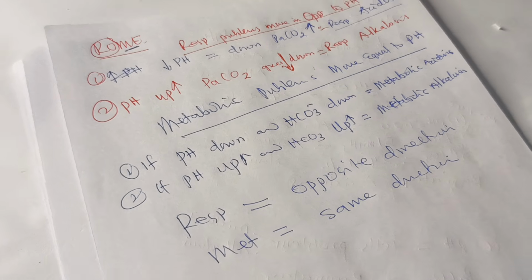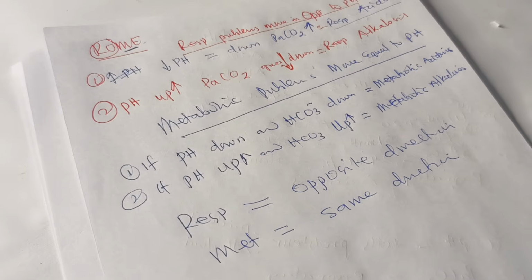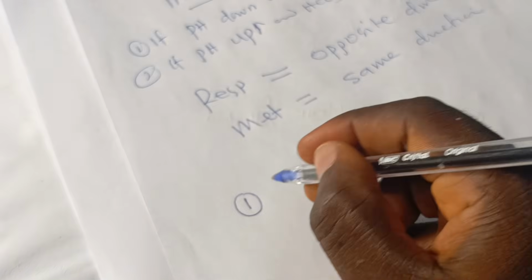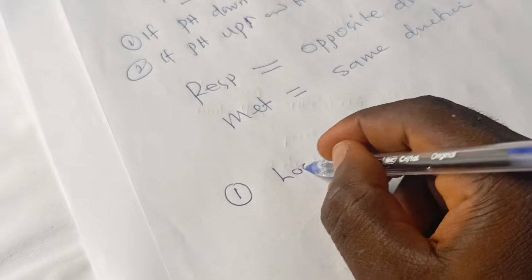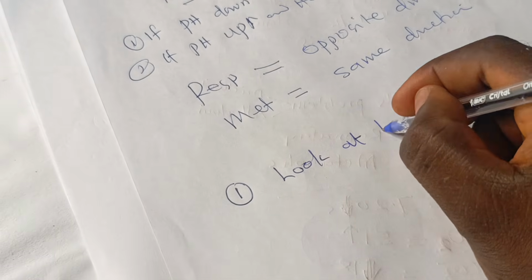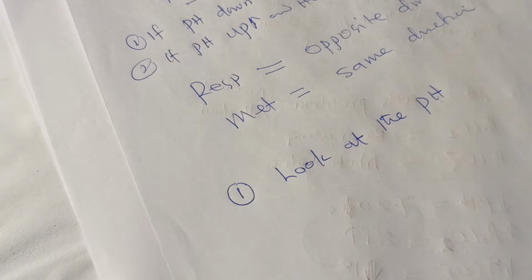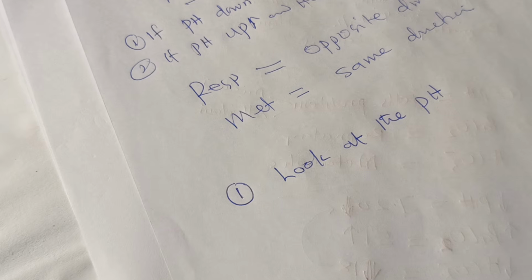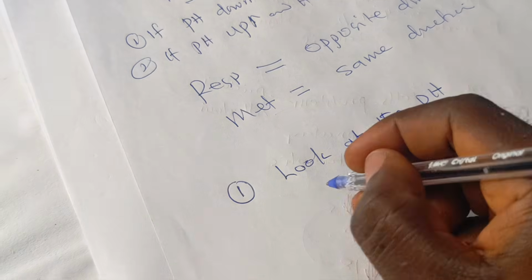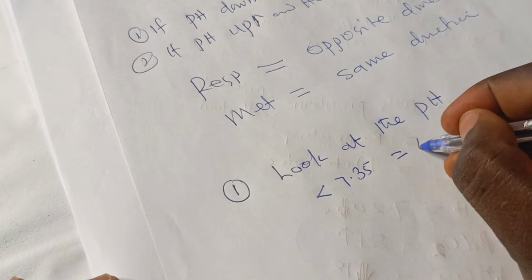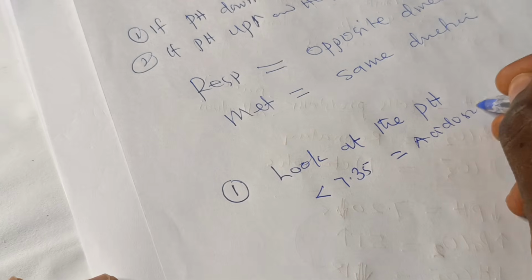Okay, so let's recap. To interpret ABG, the first step is to look at the pH and ask yourself whether it is acidosis, alkalosis, or normal. If it is below 7.35, it's acidosis.